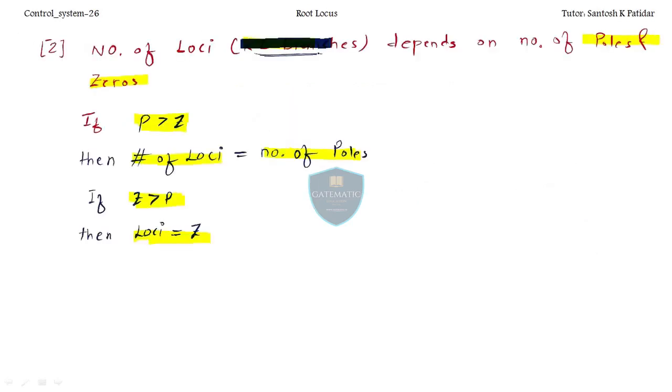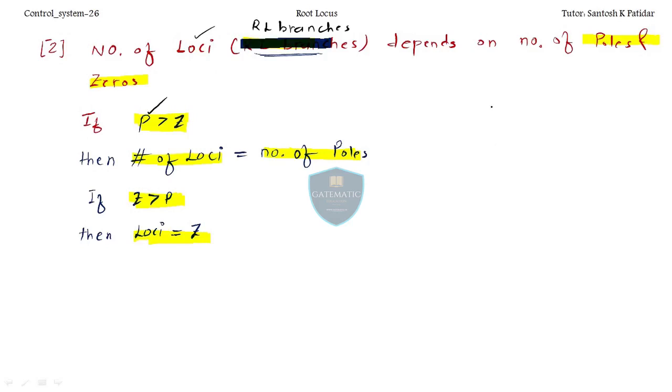The second rule says the number of loci, or you can say the root locus branches, depends on the number of poles and zeros. If poles are greater than zeros, then the number of poles is equal to the number of loci.